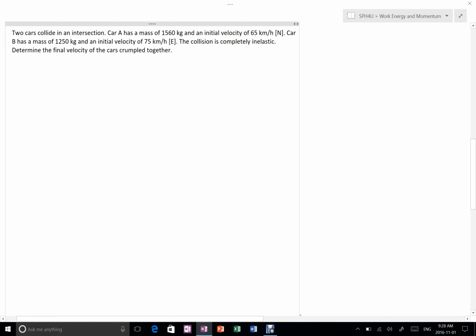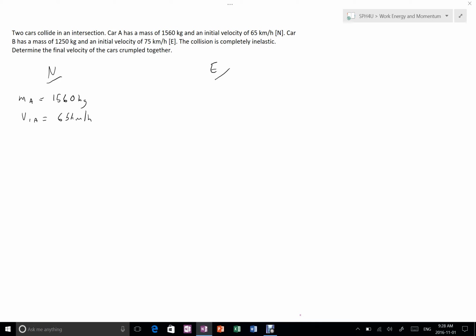So, this is a problem that I'm going to have to do separately in the north and east directions. In the north direction, I have mass A, 1,560 kilograms, V1A, given to me as 65 kilometers per hour. I don't actually have to do this for this example, but I'm going to convert this to meters per second, just because it's typically what I do here.